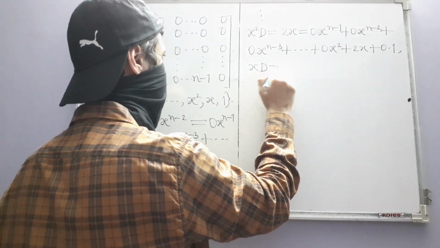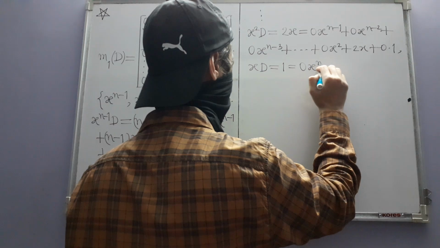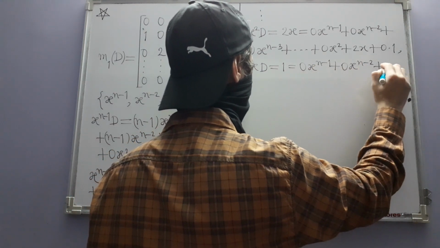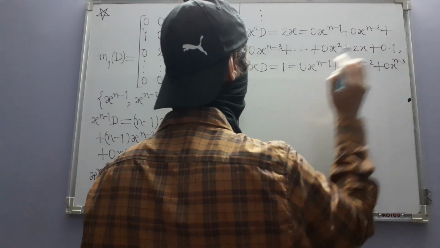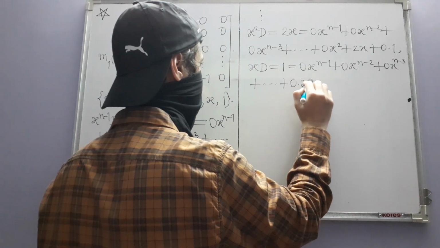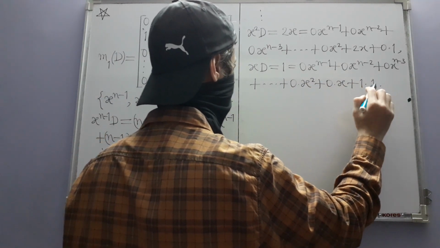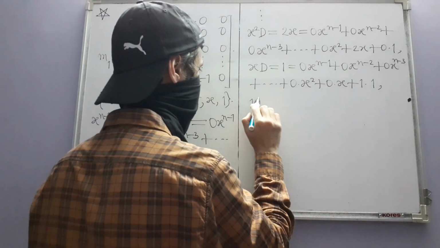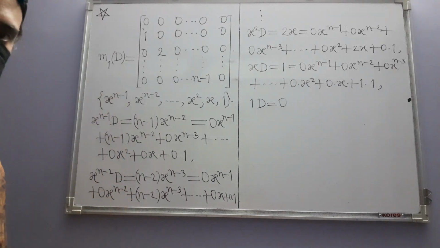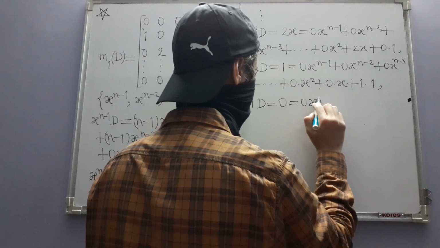Then the derivative of x is 1. So 0x square plus 0x plus 1, 1. But there is one more, do not forget this. This was the first one there in the previous ordered basis. And here of course everything is 0.